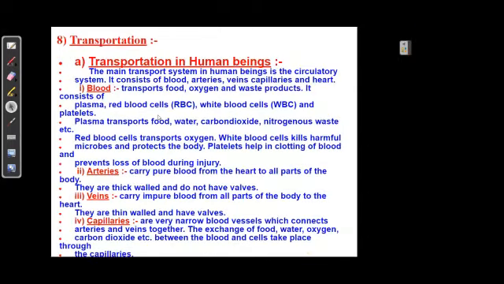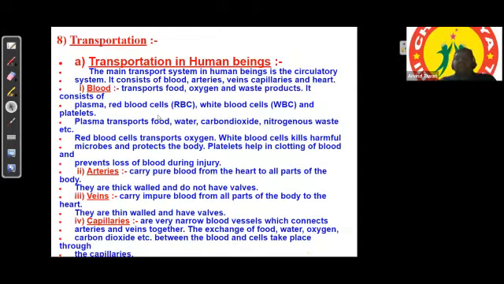Yes, sir. Now see, in the transportation in human beings, what is blood? Blood consists of, okay, here I want to give you some more things. Can you give the functions of blood? List out the functions of blood.